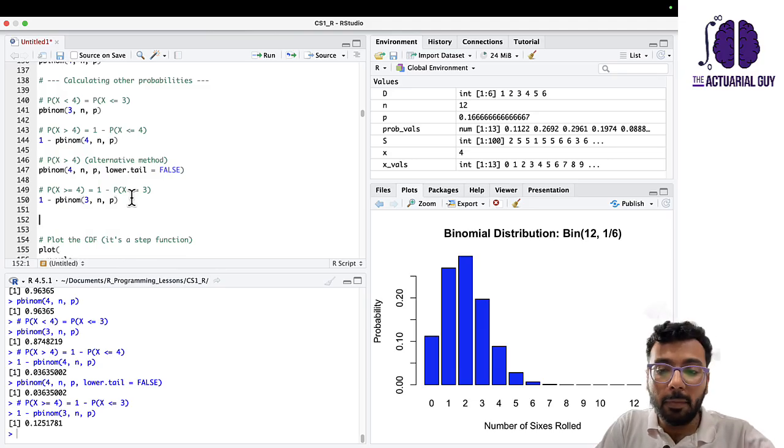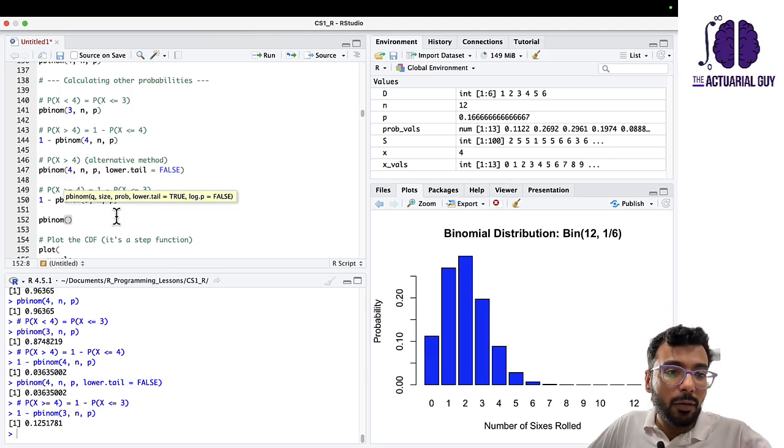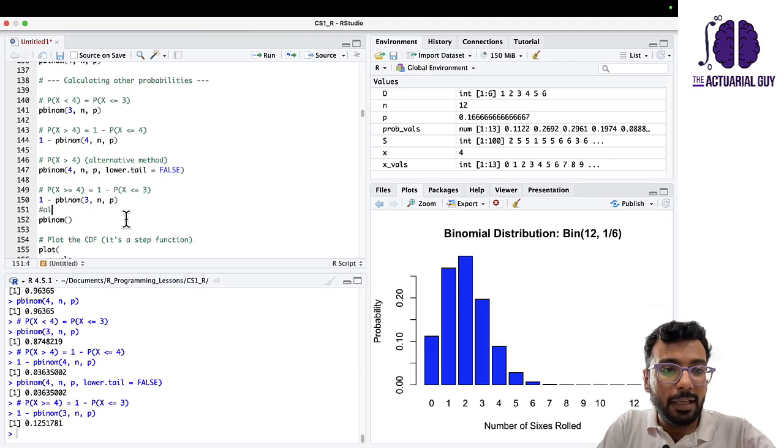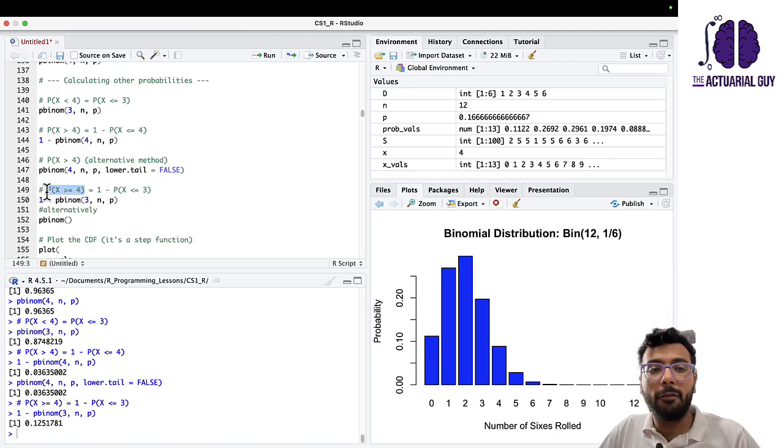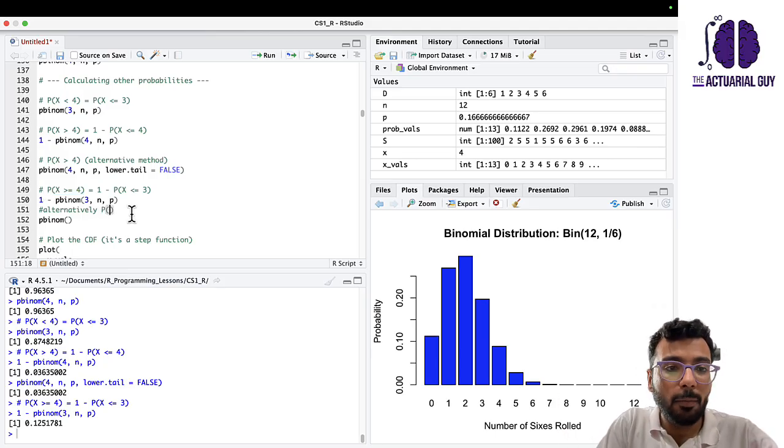Another way to do this would be p binom. You want greater than equal to 4, so that is same as greater than 3. See, greater than equal to 4 meaning 4, 5, 6, 7, 8, 9, 10 all the way up till 12, so that is same as greater than 3. So what I'm calculating is probability x is greater than equal to 4, which is same as probability x is greater than 3.